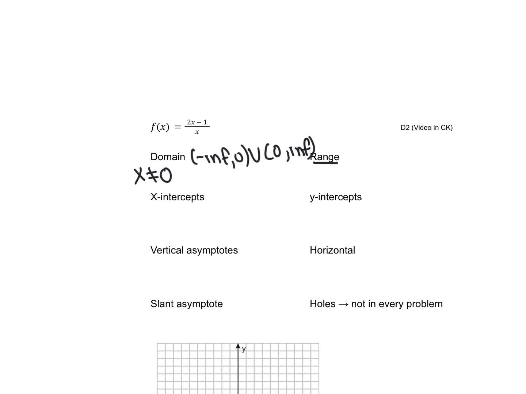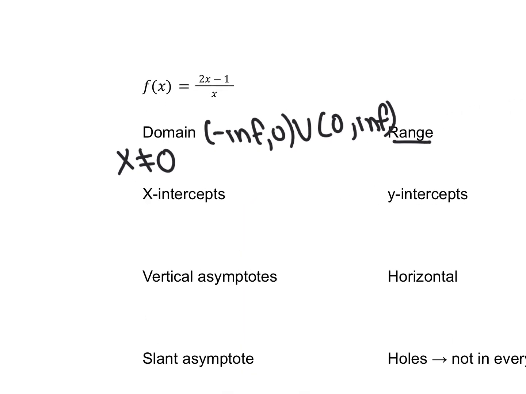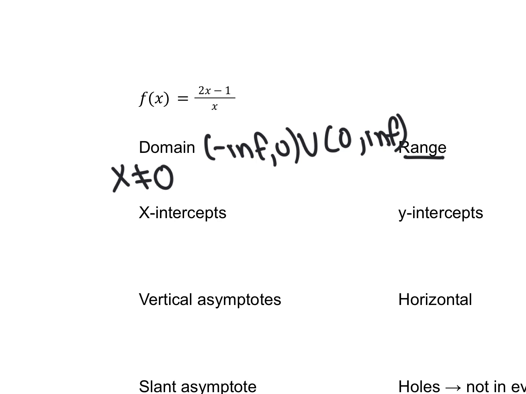Our x-intercept is the value of x when y equals 0. So we're going to have 0 equals 2x minus 1 over x. I prefer to think about these as a proportion. If I do the butterfly method here, x times 0 is just 0. 1 times 2x minus 1 is just 2x minus 1.